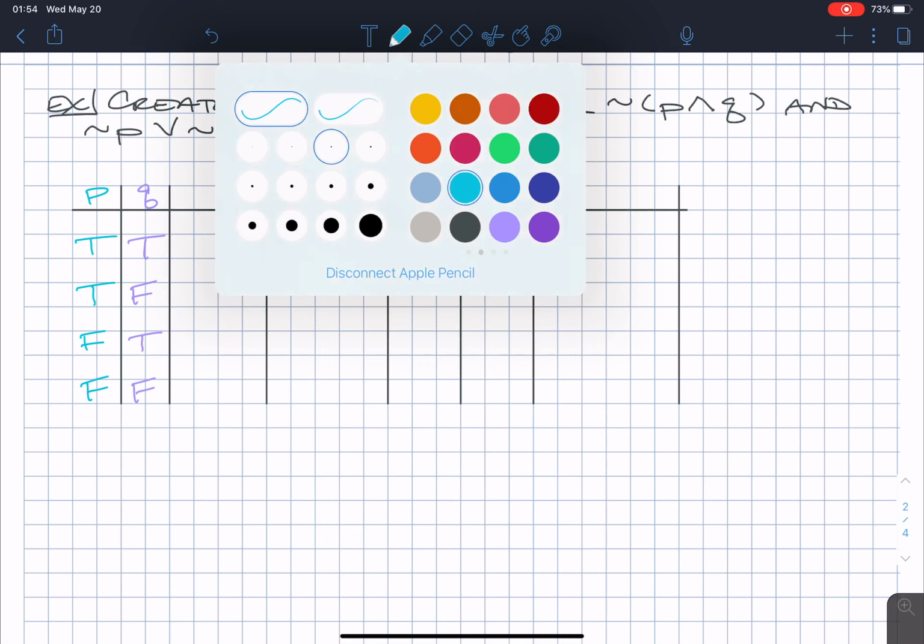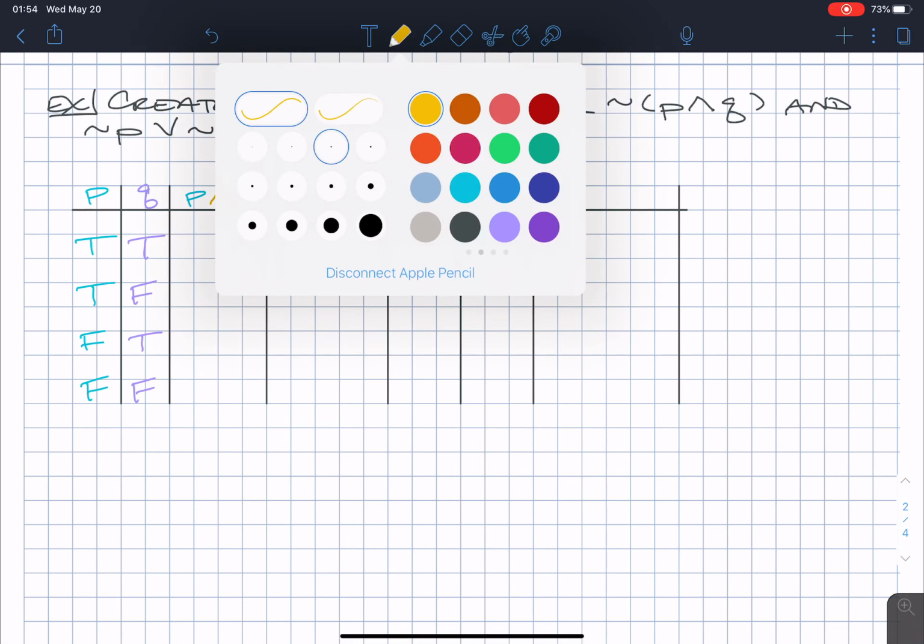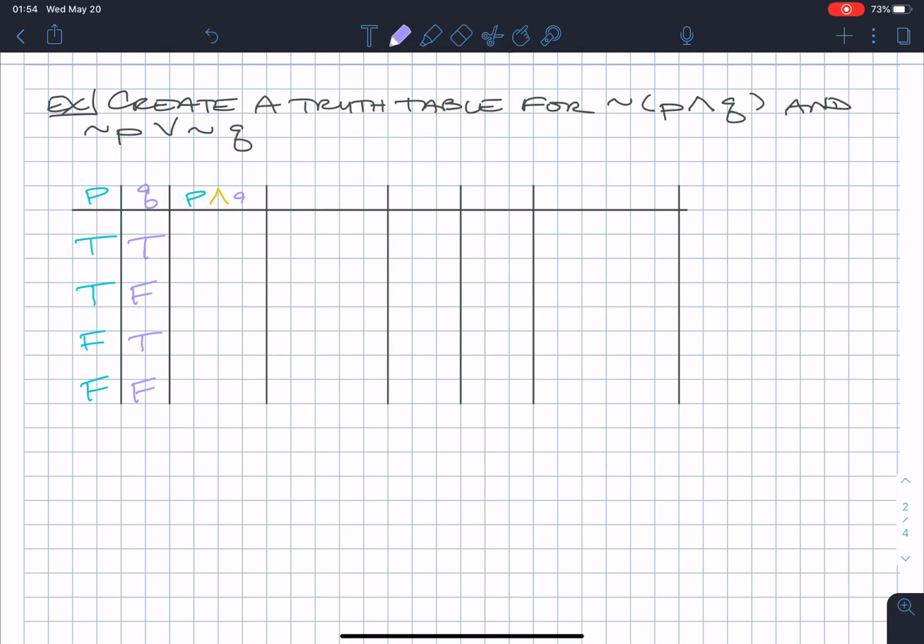Then let's do P and Q. So both of them have to be true in order for it to be true. So for P and Q, it's just true when they're both true and false the rest of the time. But now let's negate that. So let's do the negation of P and Q. Do I have enough room here?